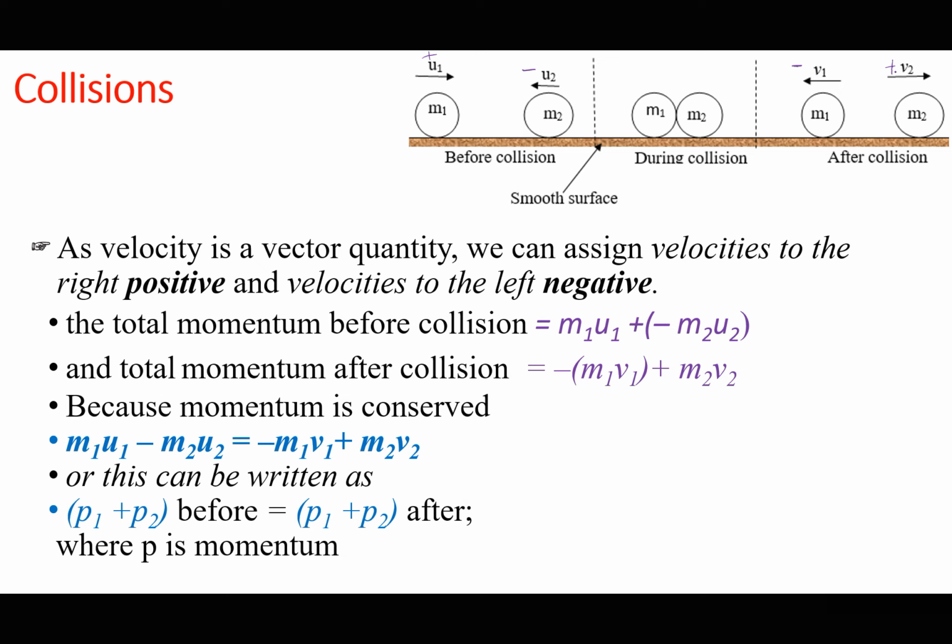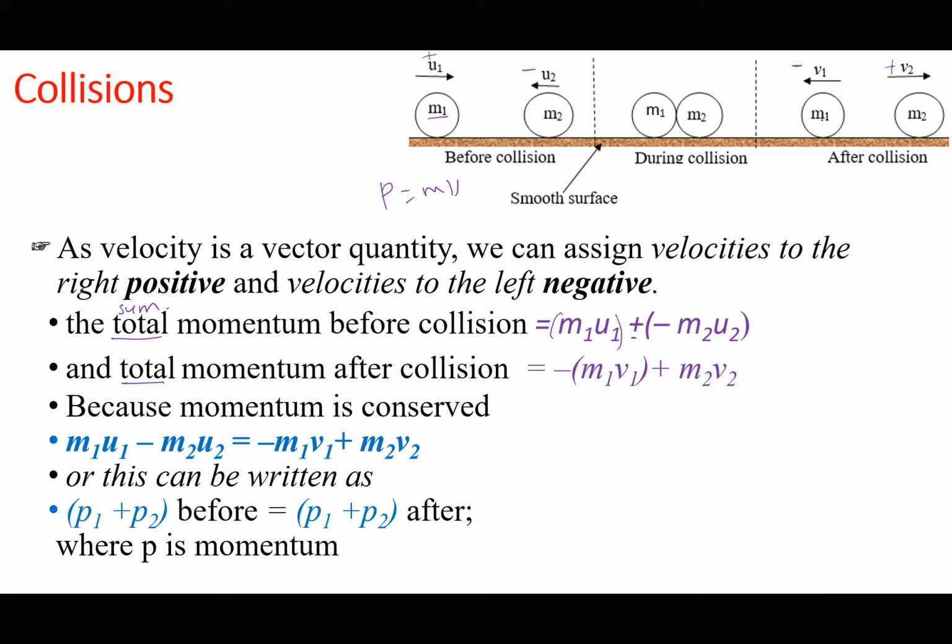So total momentum before colliding, remember momentum is mass times velocity. Before colliding we have m1 u1 to the right and m2 u2 to the left, so there is a minus, and we add them because we are finding the total sum. Now total momentum after collision.